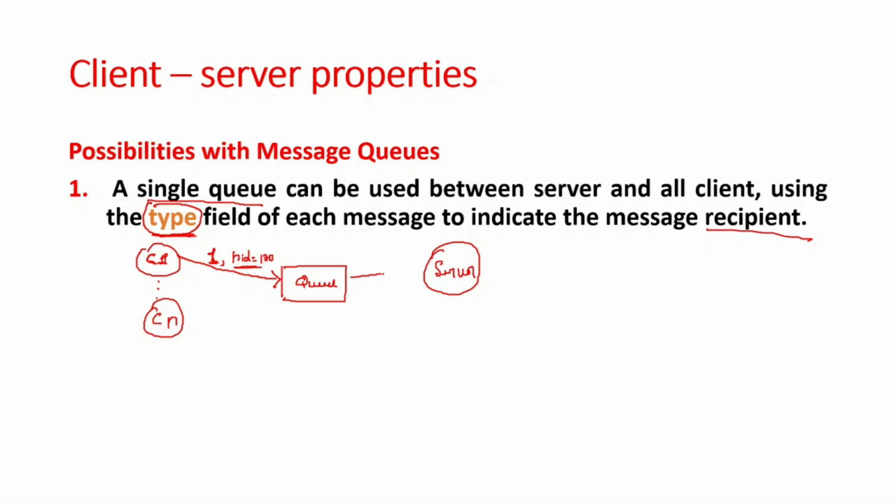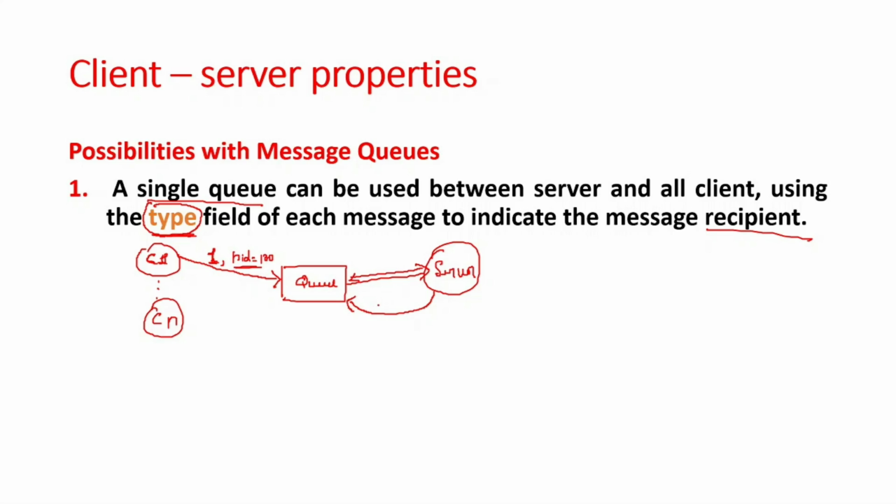Now this queue is accessible by the server, which will read whatever client C1 has sent. So it will come to know the PID of the client because that is also mentioned in the request. After reading this, the server will send a reply back to the same queue, but with the type field not being 1.